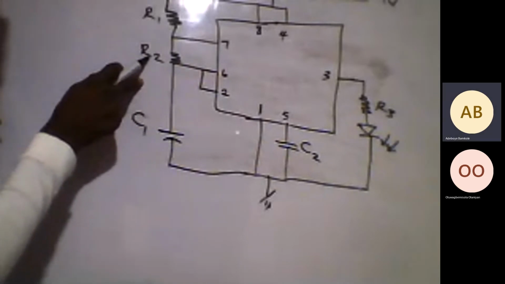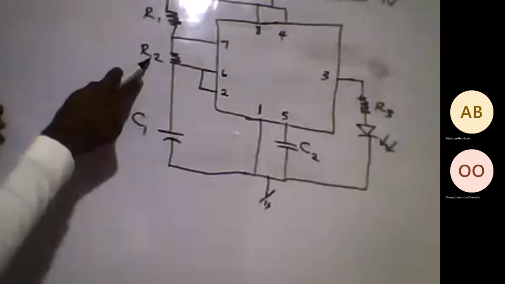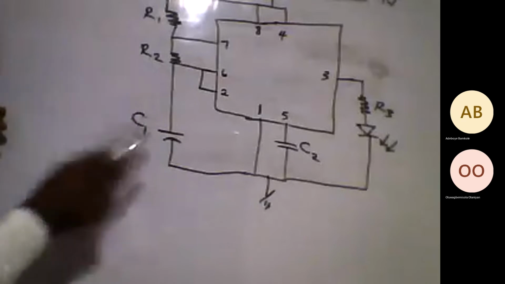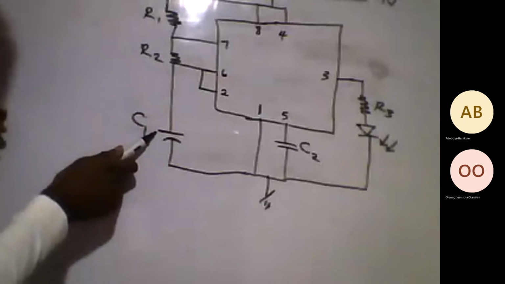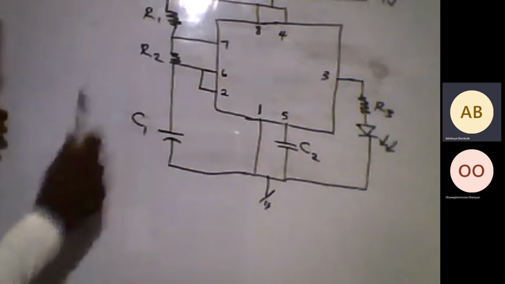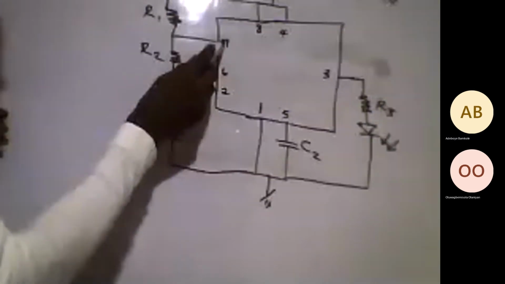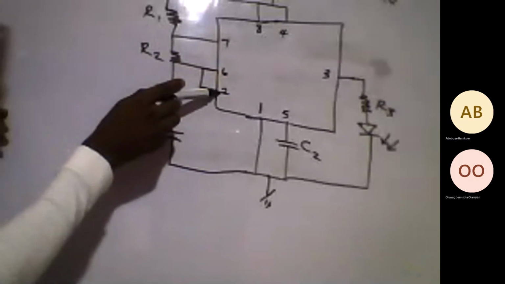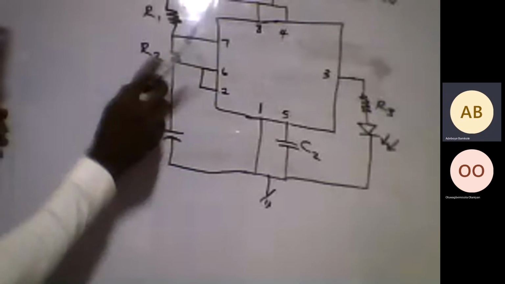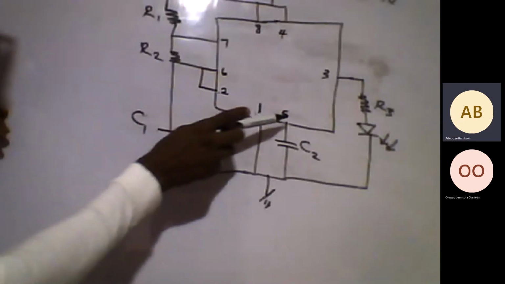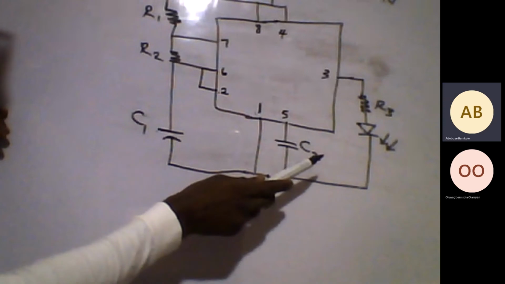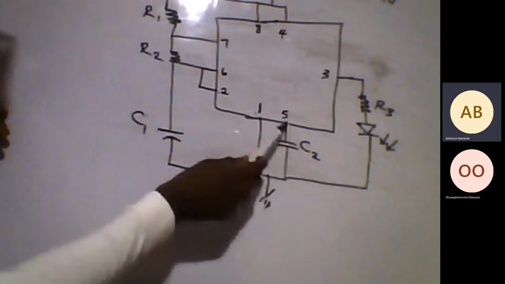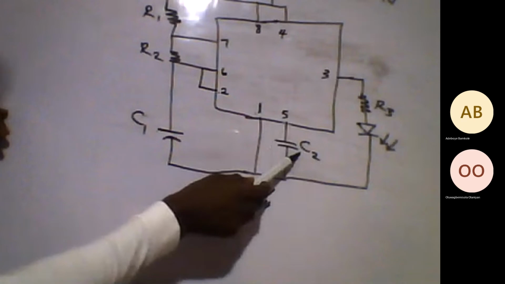I can see R2, sir. Can you see C1, capacitor 1? Yes, sir. Can you see pin 7? 6? Yes, sir. 2? Yes, sir. 1? Yes. 5. Yes. C2. Yes, sir.